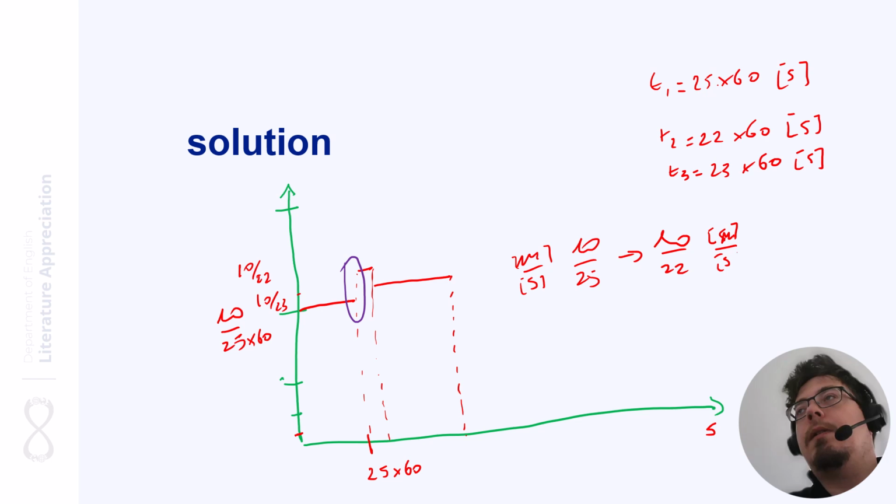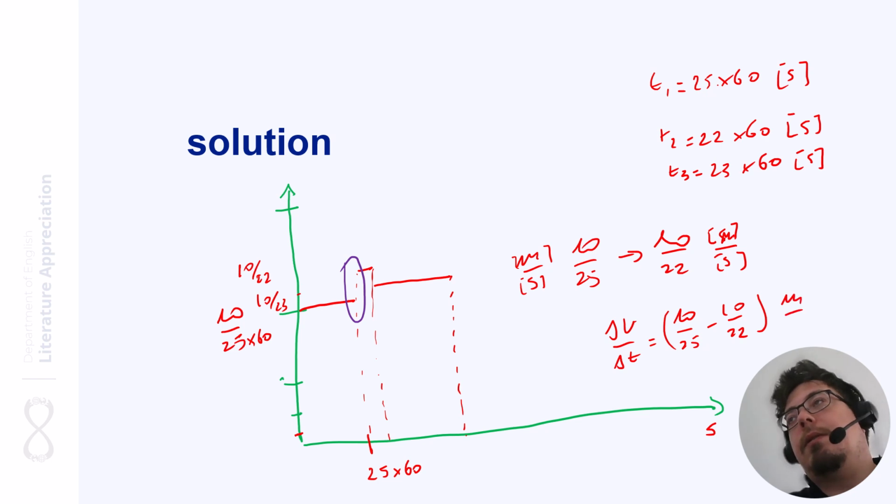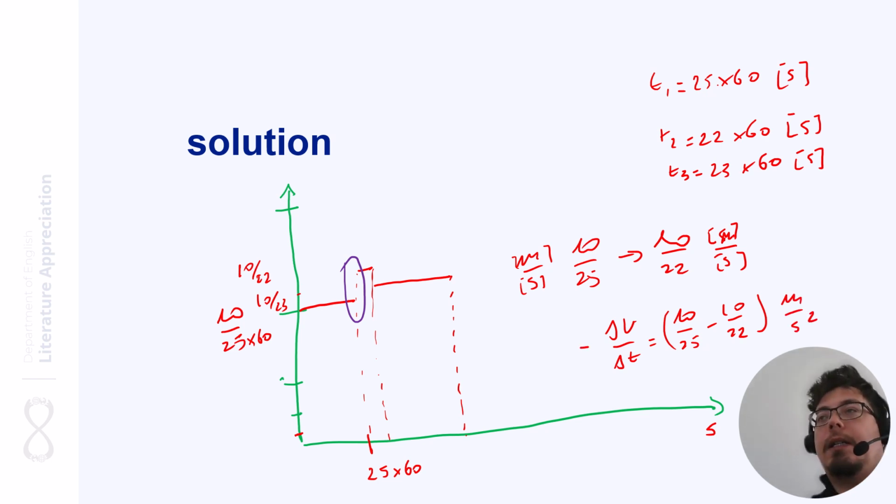So the acceleration will be instantaneous, delta v divided by delta t, which is 10/25 minus 10/22 meters per second squared, and this is the biggest acceleration that we find.